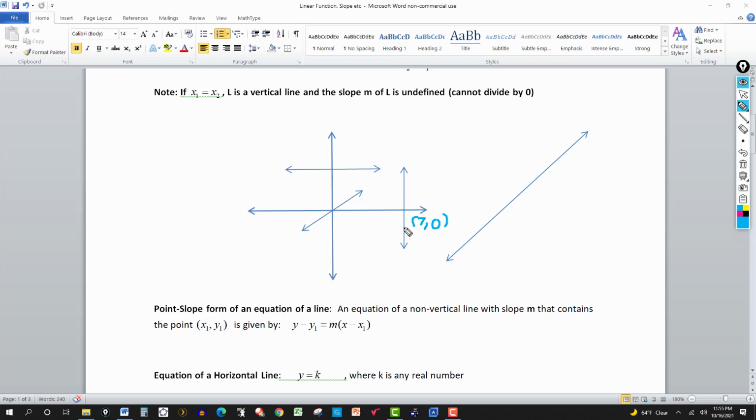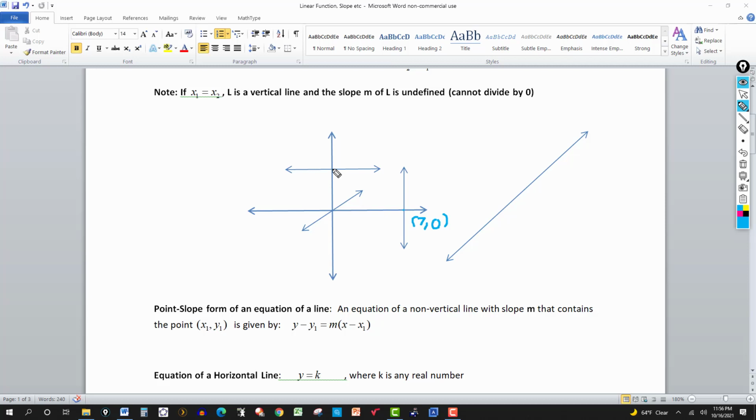Another unit down, (7,-2). And of course, you can have fractions, but I'm just using the integers. So basically, all the points on this vertical line are going to have the same x component. The first component is going to be the same. And then the y value is going to, of course, vary from positives down to negatives and so forth.